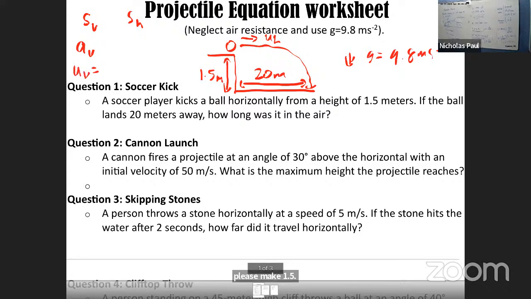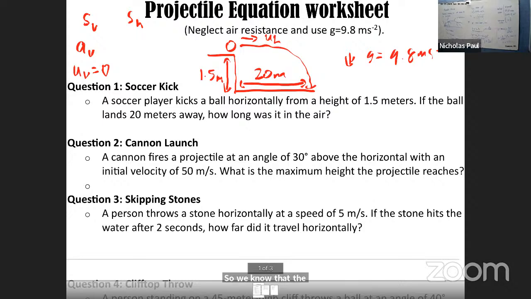We did the same thing last week. If it moved horizontally, the vertical velocity is what? Zero. Yes, and displacement is not the velocity. Correct. So we know that the initial vertical velocity is zero.